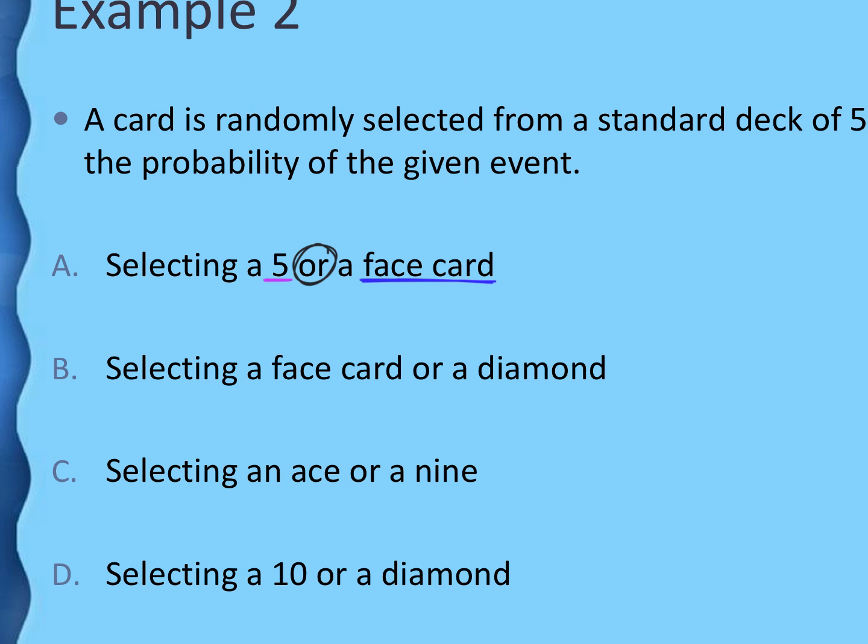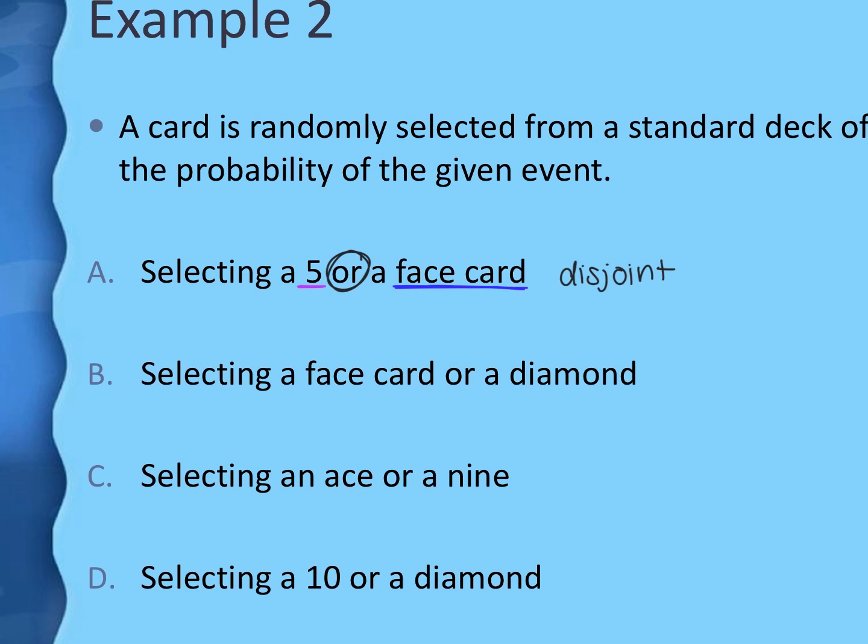So just thinking about this, is this an overlapping event or is this a disjoint event? This is a disjoint, meaning I'm not going to have any of my 5s within my face cards. They're 2 separate things happening. So I'm going to go ahead and write this as disjoint.